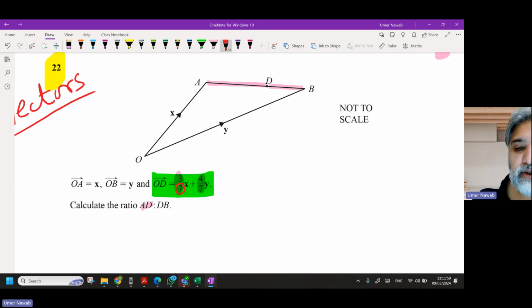So 7 is the total units. This total is 7. I'm going to split it into two parts. This is 3 and this is 4. Clear? And I'm going to split the Y also in two directions.